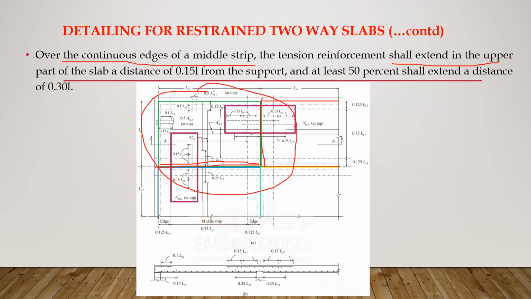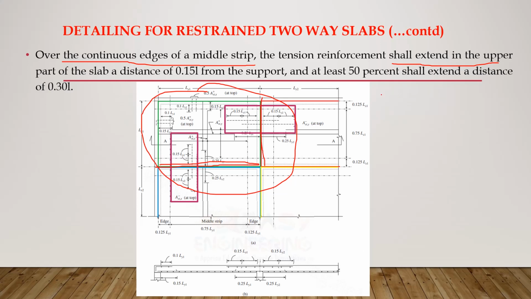So now this clause gives us the curtailment of tension reinforcement in the upper part of the slab. What this clause says is that the tension is still calculated for the negative design moments since it is in the continuous edges.